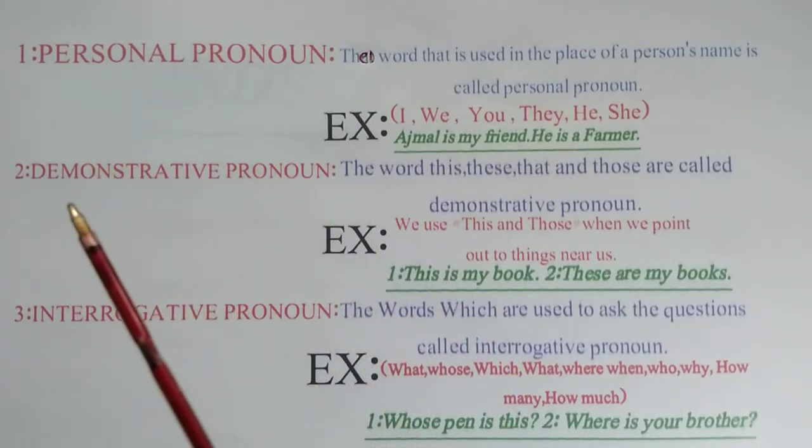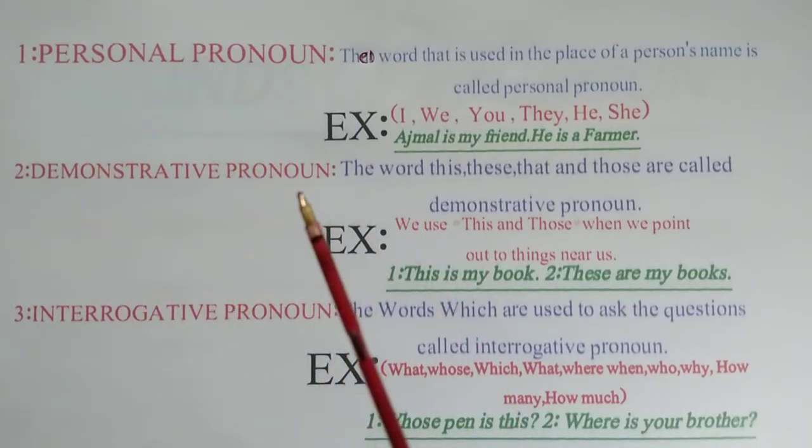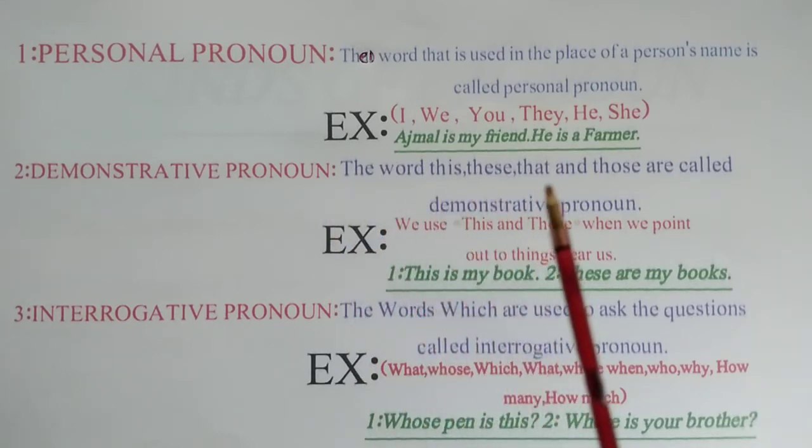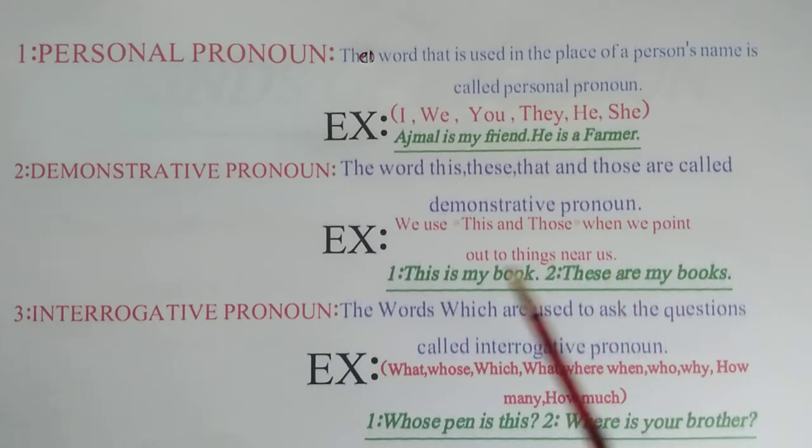On second number we have demonstrative pronoun. The words this, these, that and those are called demonstrative pronoun. We have only 4 demonstrative pronoun in number.